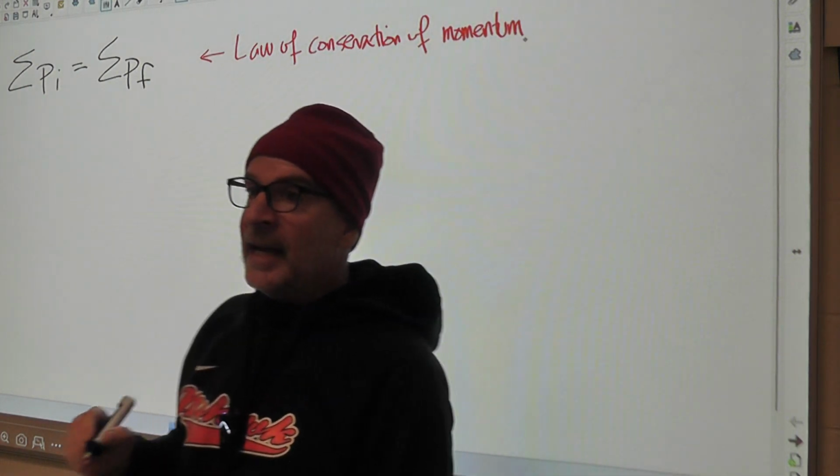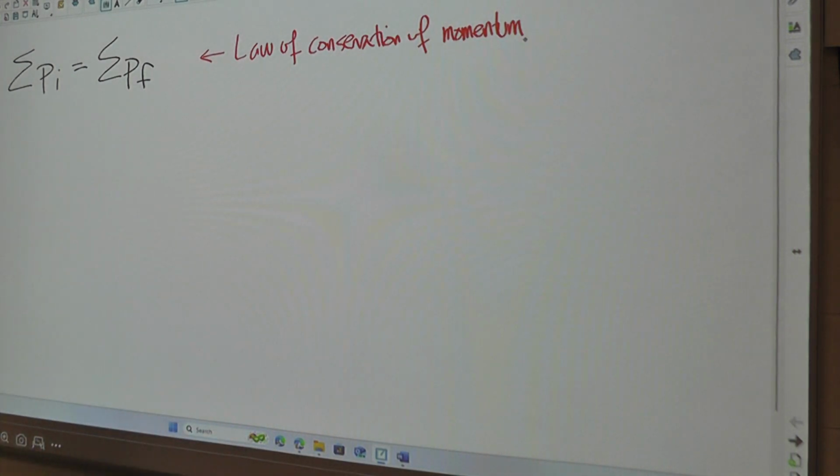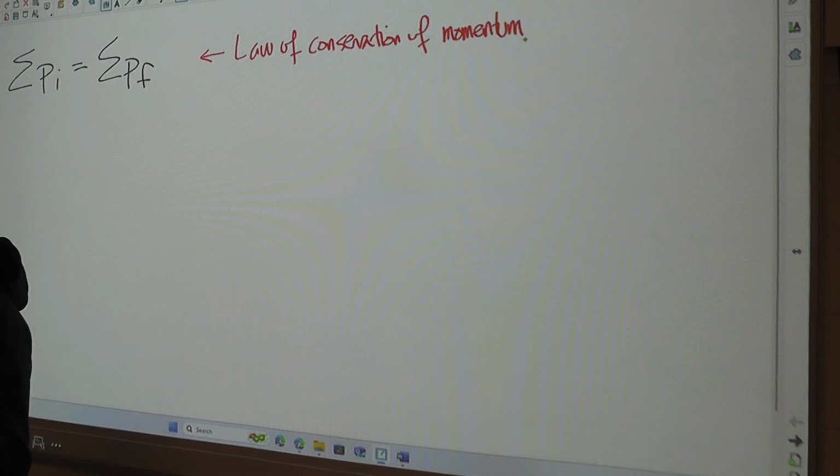And just like conservation of money, if there's no momentum added to or taken away from a system, then this will be true. With money, we get money added to or taken away from the system when someone else is involved.